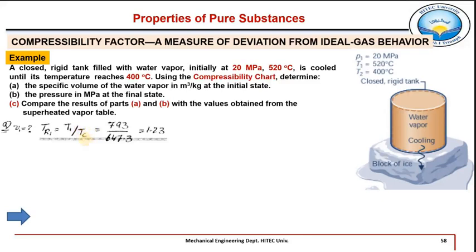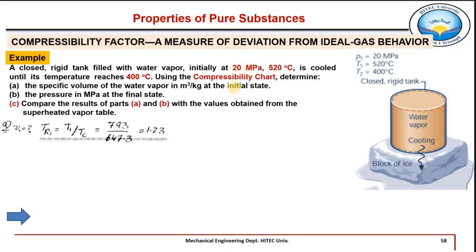We can see the critical point temperature from the table, and that is 647.3 Kelvin for water. Everything is in Kelvin here because it involves a single T, not delta T. So T1 is 793 Kelvin, 520 degrees Celsius plus 273. So TR at state 1, the reduced temperature, is 1.23.